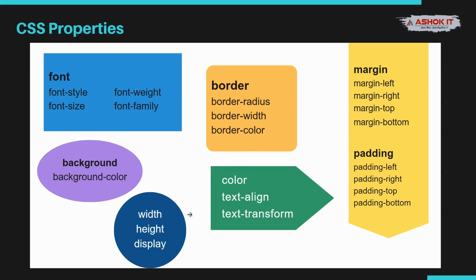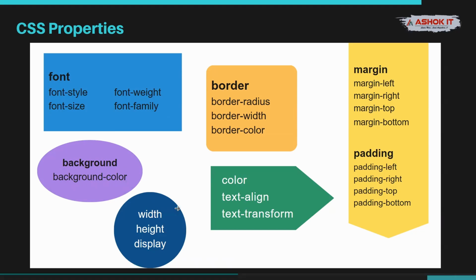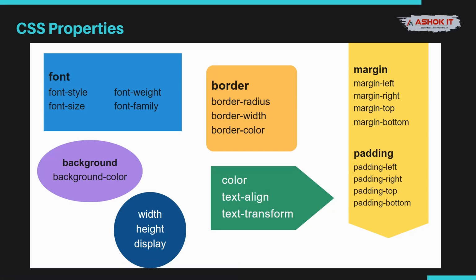Coming to width and height, these will control the width and height of an image, or whatever element you are targeting. You also have display, another very important property. You will have values like display none and display flex. I'll explain those later.